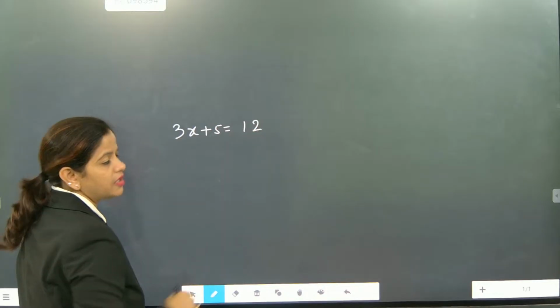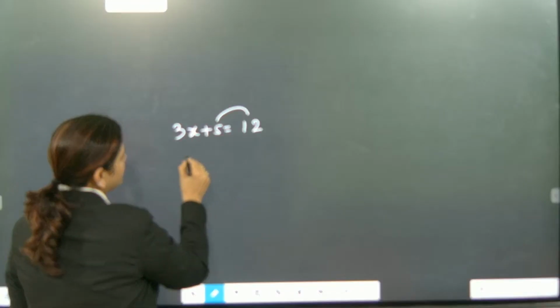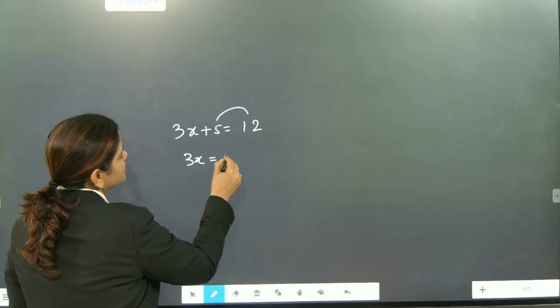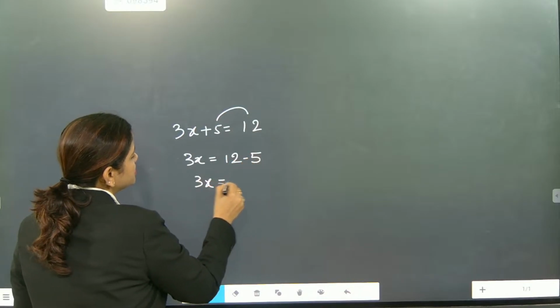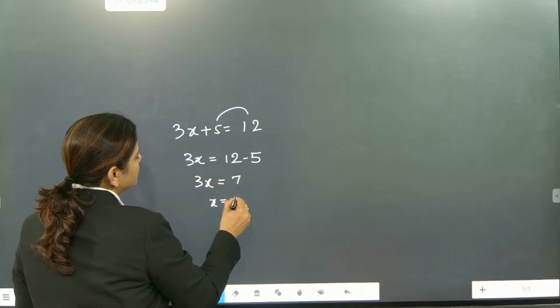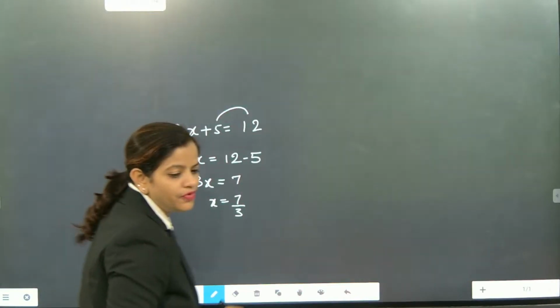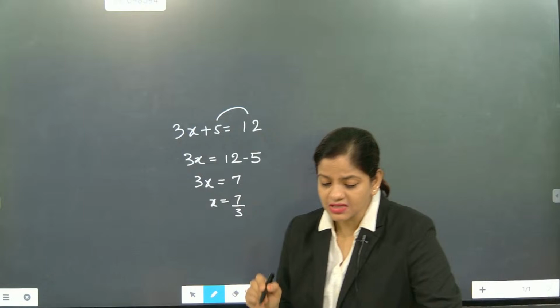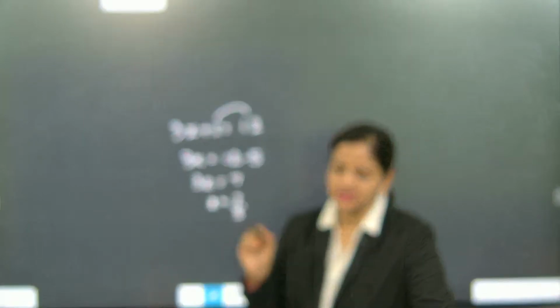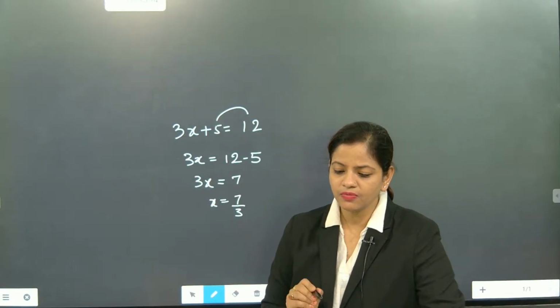Then you shift this to the other side and say 3x is equal to 12 minus 5, so 3x is equal to 7, x is equal to 7 by 3. So when you write x is equal to 7 by 3, it means its value is 7 by 3. You need to remember this.